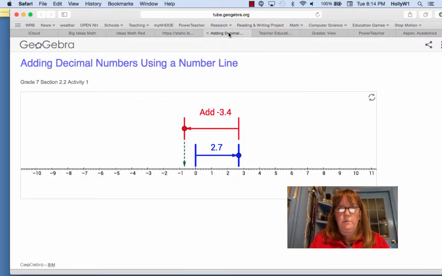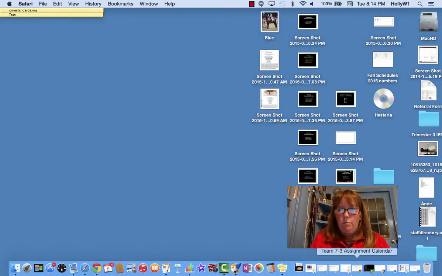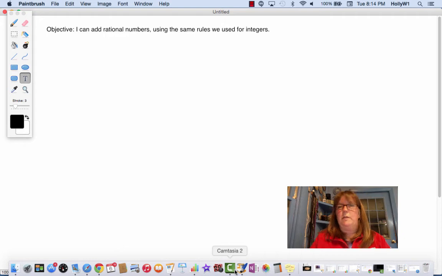This was the actual number line that we played with. So we're going to talk about how to really do that the way that you learned how to add and subtract positive and negative integers.